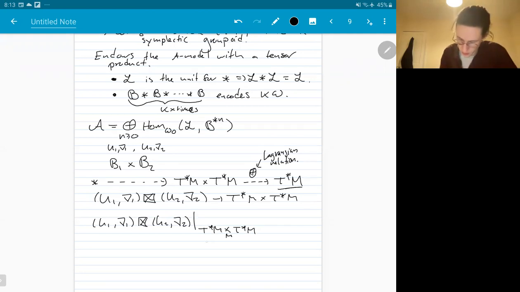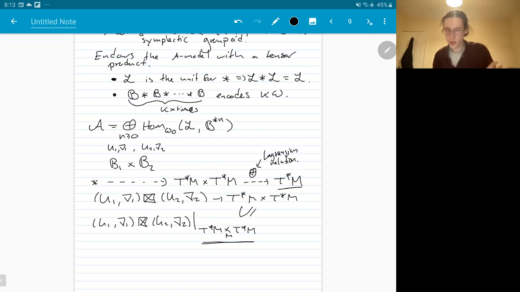Okay, so this fiber product is a coisotropic inside of T star of M cross T star of M, and the addition map is the symplectic reduction. Because these connections were related to pre-quantizations of symplectic forms, what you'll see is that they're going to be flat in the directions that you're trying to quotient out.